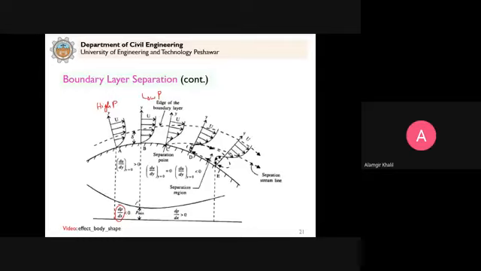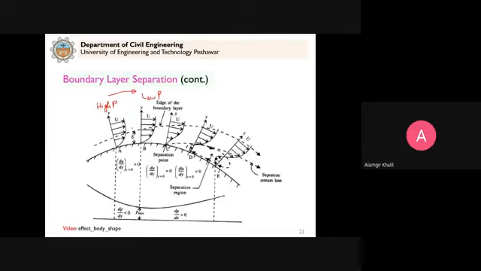The minimum pressure is here, low pressure. So we are moving from higher pressure to low pressure. This is known as a favorable gradient, because we move from high pressure to low pressure. It is a favorable gradient. Clear?